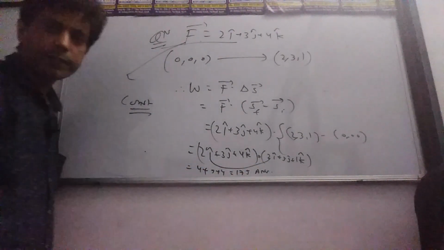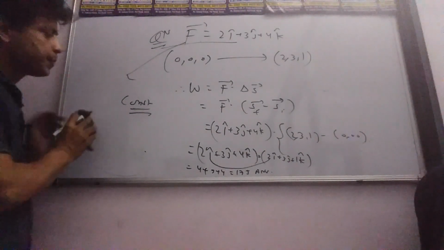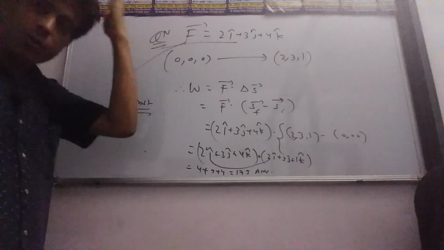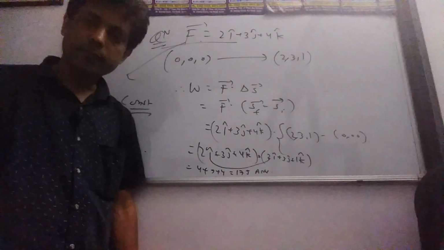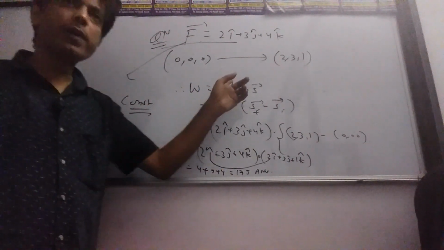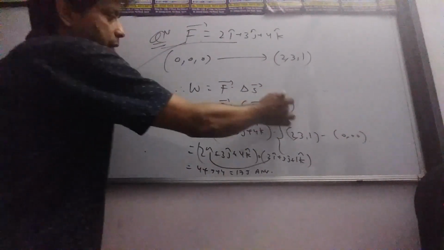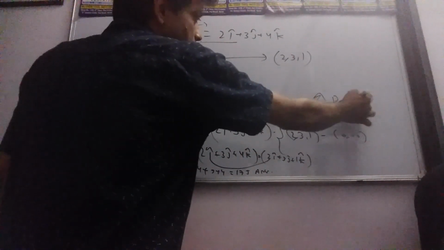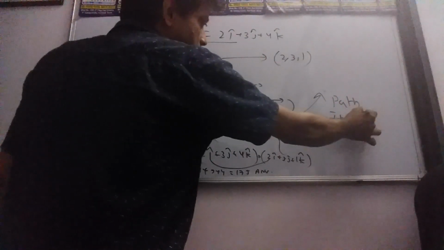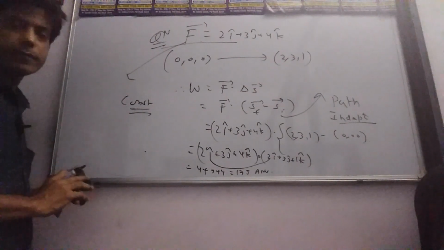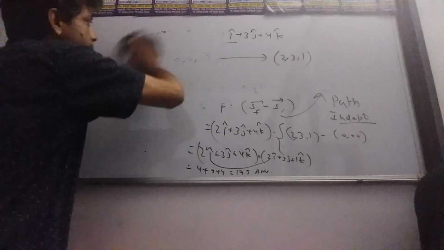Answer. Clear? This is the work done by the constant force. W is equal to F dot delta S. It depends on S final and S initial positions, and this is path independent. Okay.